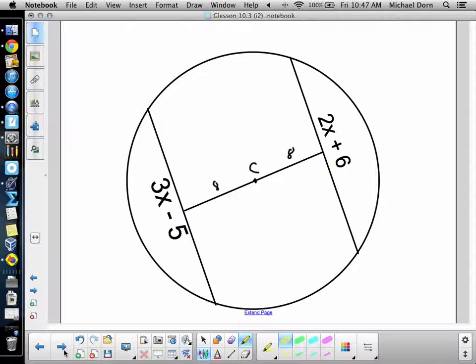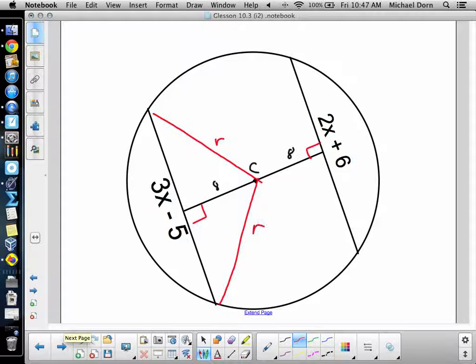And by the way, when I measure the distance from a point to a line, remember that we always measure the right angle distance. So when we measure that distance, we're always forming a right angle, which means we have right triangles. When I draw the radius in here, guess what? These two triangles have to be congruent because of hypotenuse.